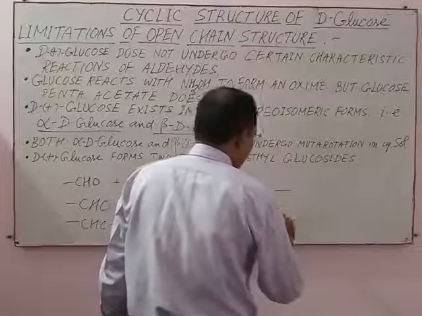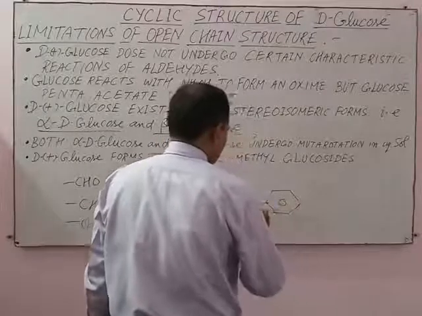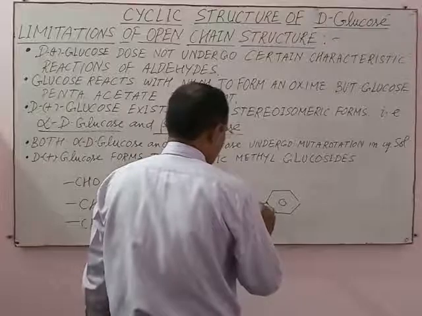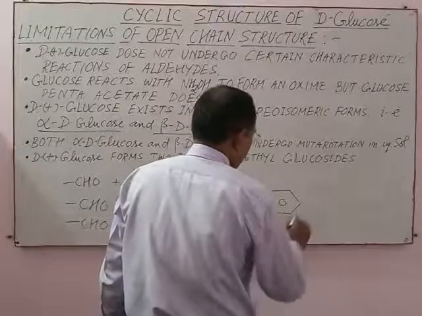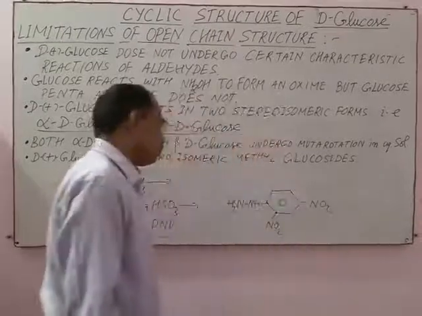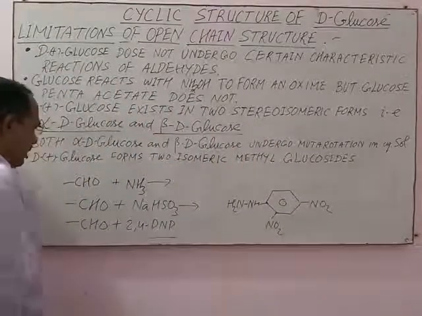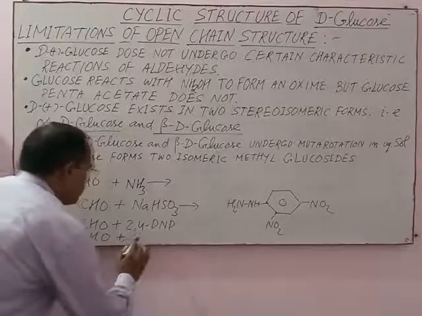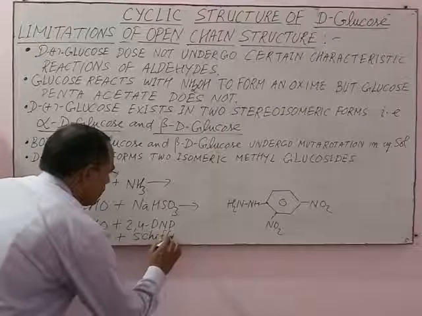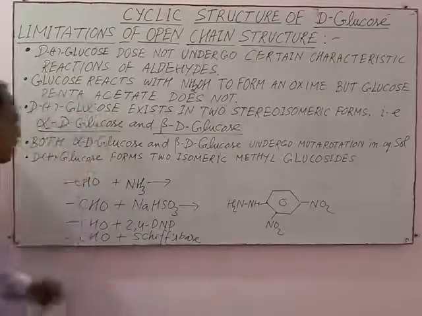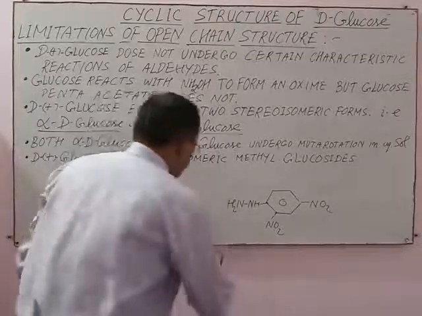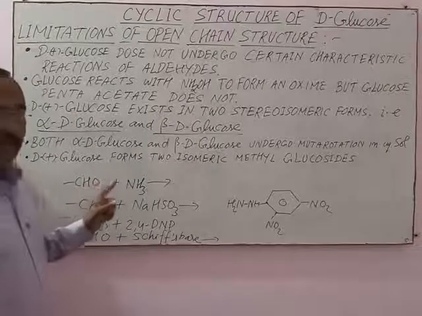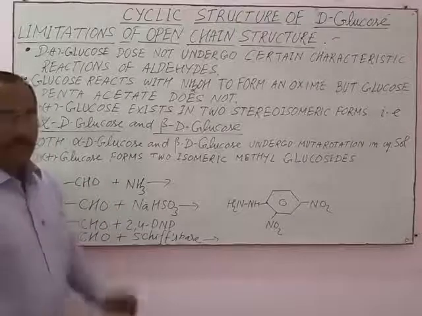This is 2,4-DNP. And when an aldehyde reacts with Schiff base, it gives a positive Schiff test.